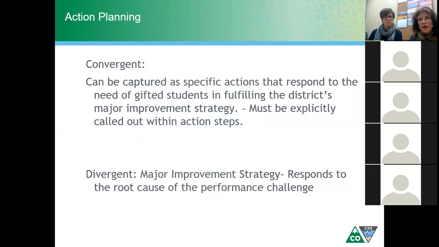And this is some feedback we've actually given to some districts in the past, because they say they've embedded gifted ed and they talk about all the great things that are going to happen in the action plan, but they forgot to mention, oh yeah, gifted students are in there too. And so we just need to see that clearly, that the gifted students' needs are being met through that common district improvement plan.